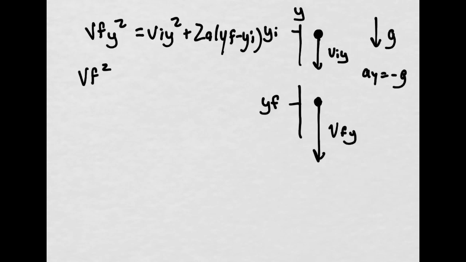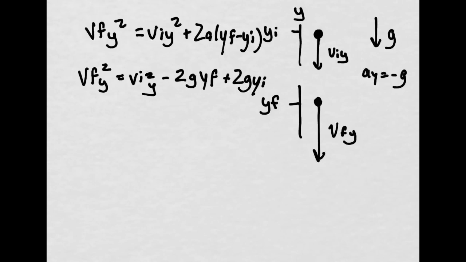Vf squared y equals Vi squared y plus, let's just put the minus 2g, because g is downward, y final, plus 2g y initial. So all I did was FOIL out the y final minus y initial term and plugged in g for a.